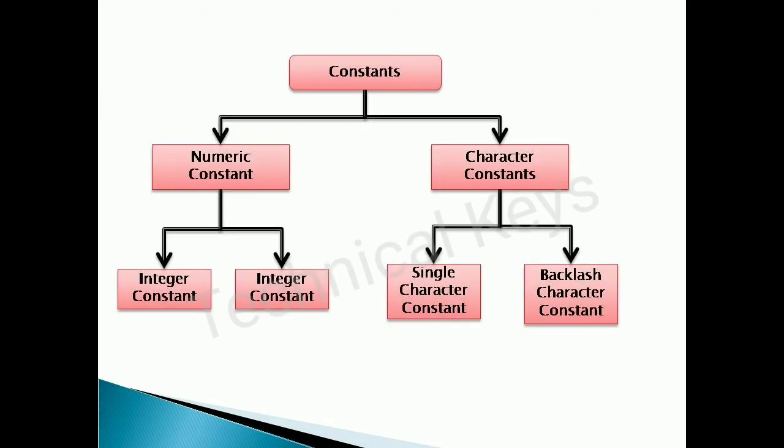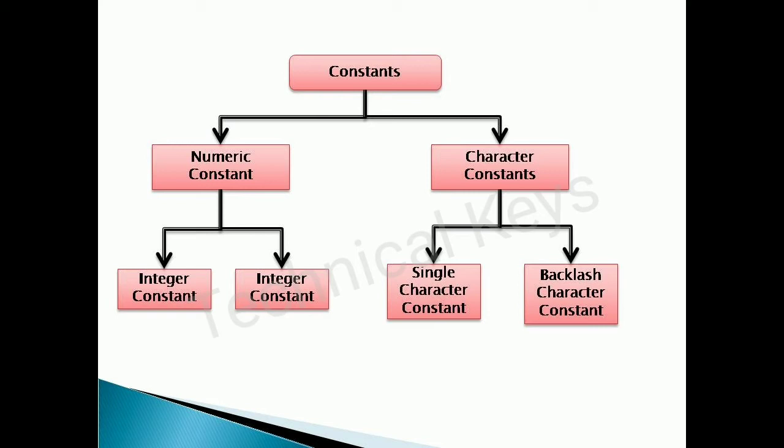Basically, there are two types of constants: numeric constants and character constants. In numeric, you can have integer constants and floating point constants. With an integer data type, you can create a constant, and for floating point, I gave the example of pi.